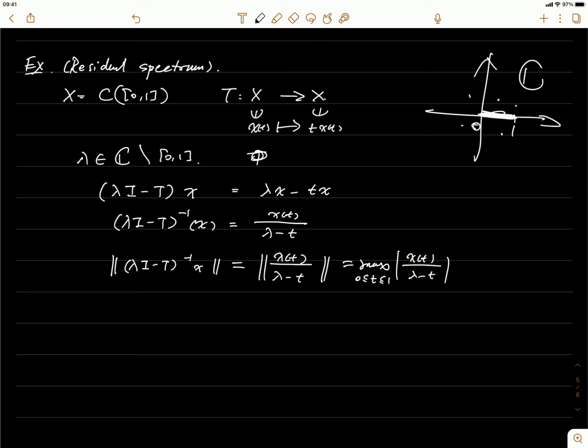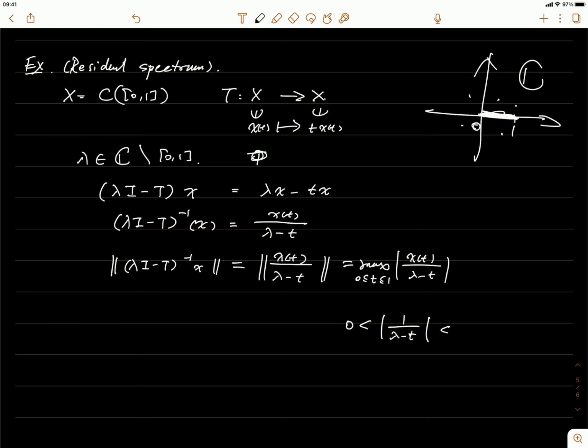No matter where it is, it must have a positive distance from this interval. So that means the absolute value of lambda minus t must be bounded away from 0, and is bounded above as well, by some positive number, the largest distance between lambda and that interval.